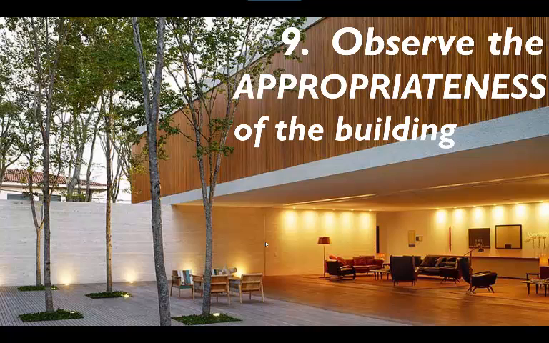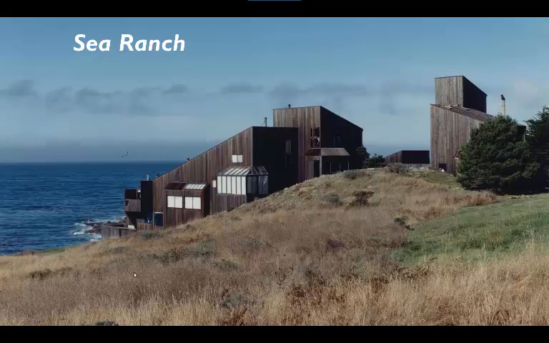So obviously it's not a snowy or cold climate, so having something open is appropriate given that it will be comfortable weather-wise in this particular climate. Again, even if we're not given that information, we can make some assumptions about that. But the first example that we're going to look at is Sea Ranch.